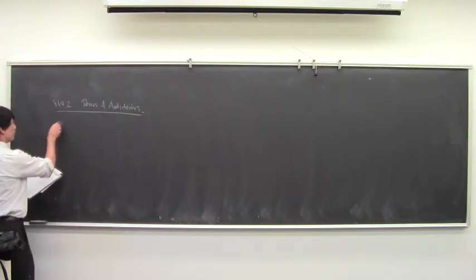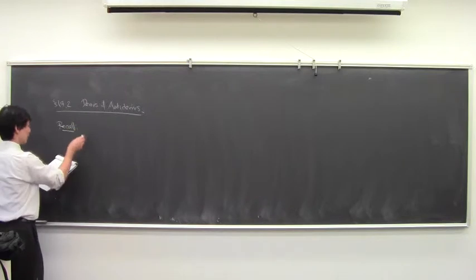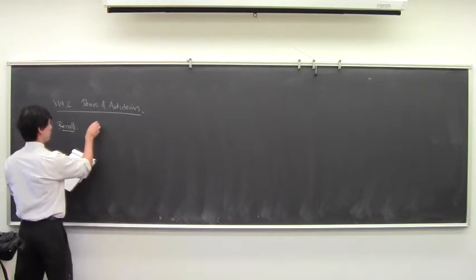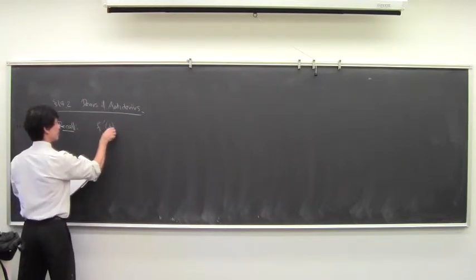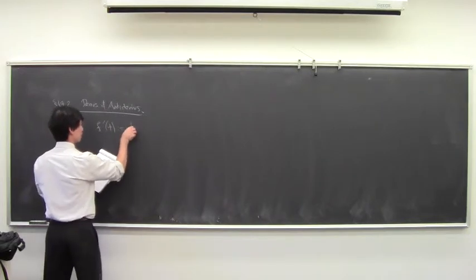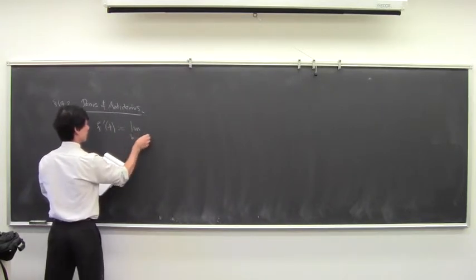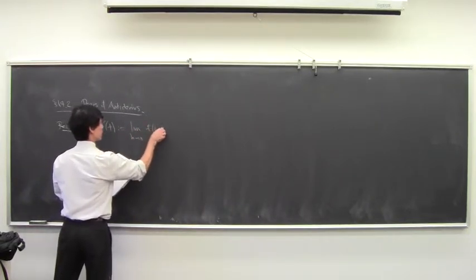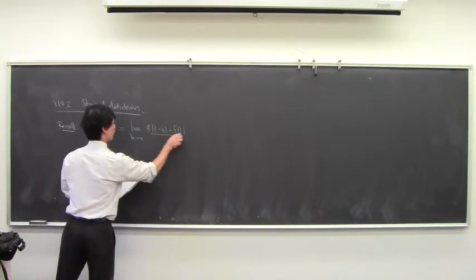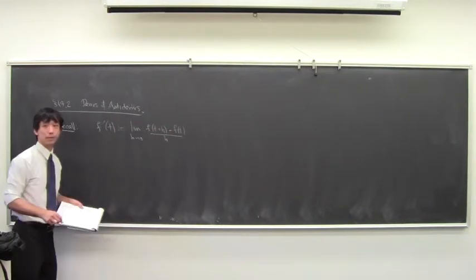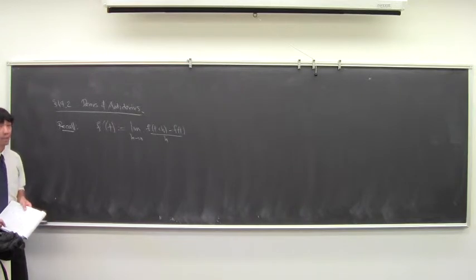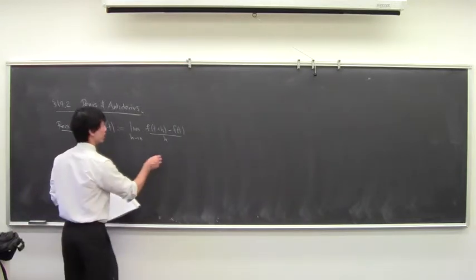Okay, so recall that the derivative of a one-variable function is, of course, the limit as h goes to 0 of f of t plus h minus f of t over h. So this is one variable.